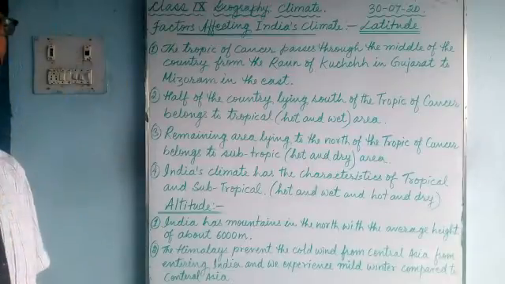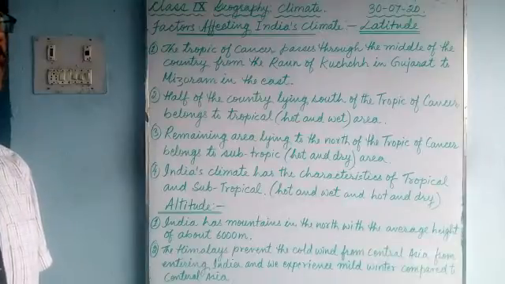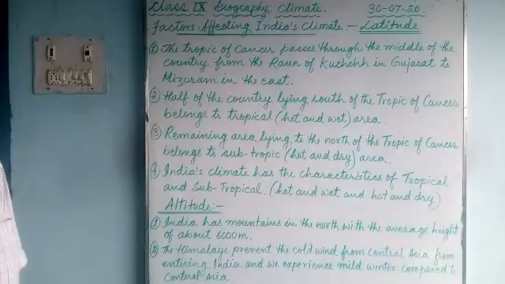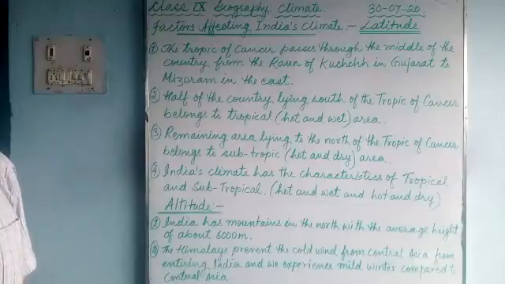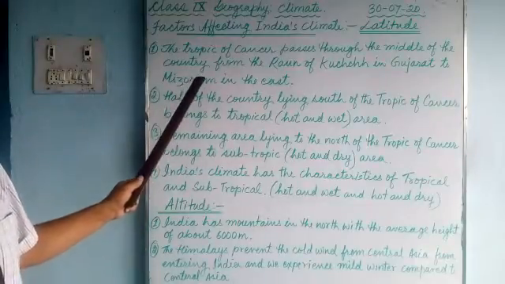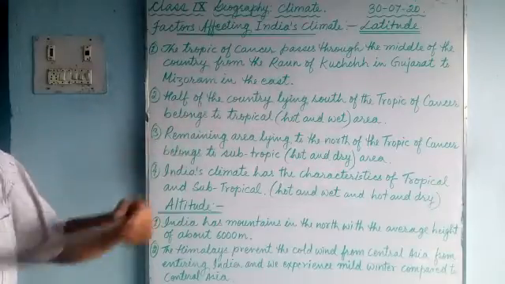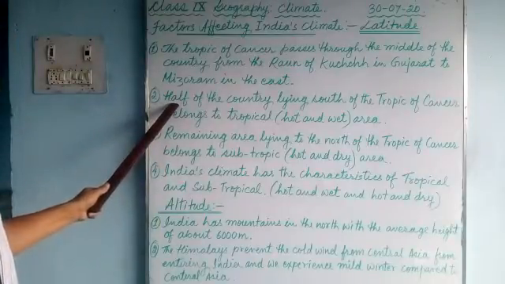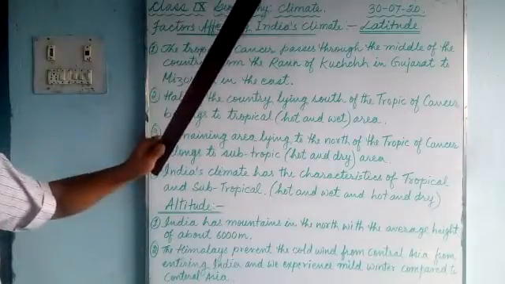This imaginary line, the Tropic of Cancer, is 23.5 degrees above the equator. That means this imaginary line divides our country into two sections.